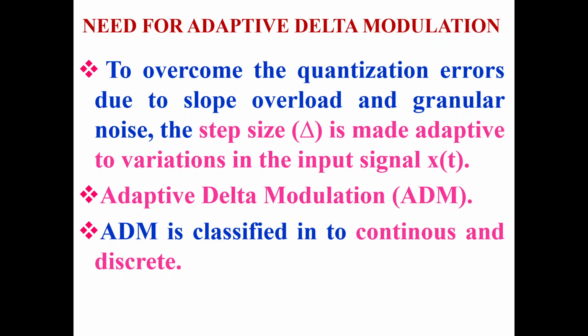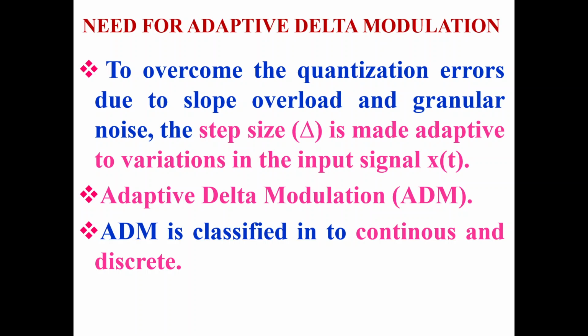It is called adaptive delta modulation in the sense that during the steep segment of the input signal the step size is increased, and when the input signal is varying slowly the step size is reduced. Further, ADM is classified into continuous and discrete ADM based on the step size adjustment.